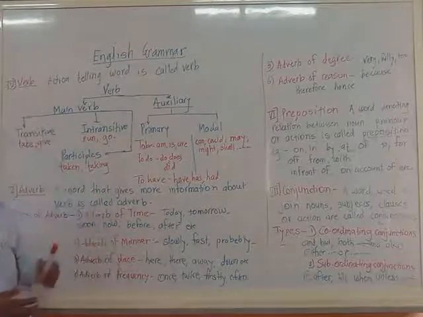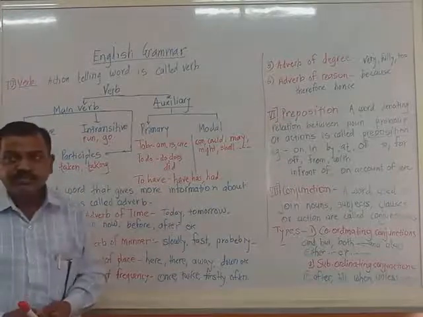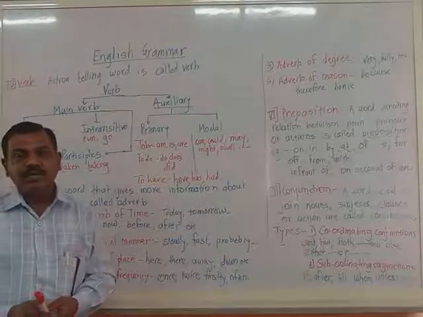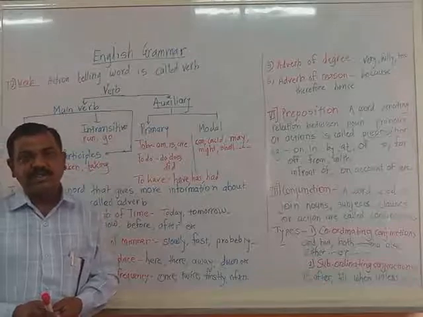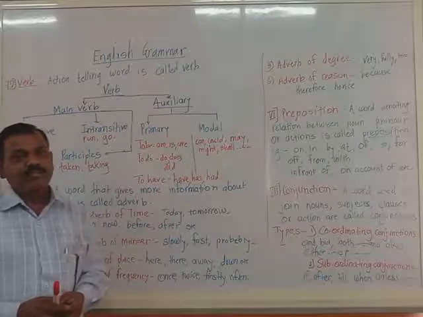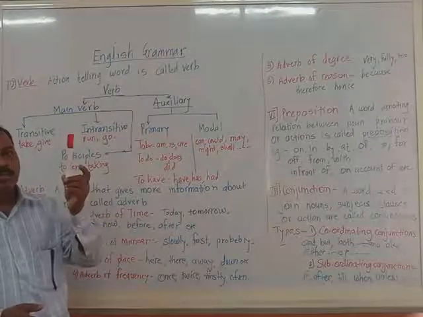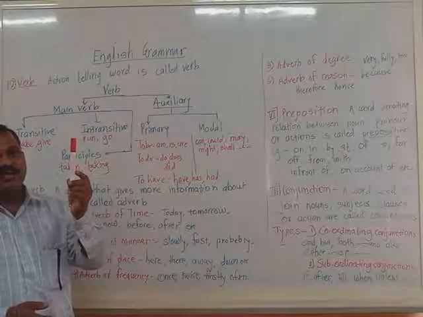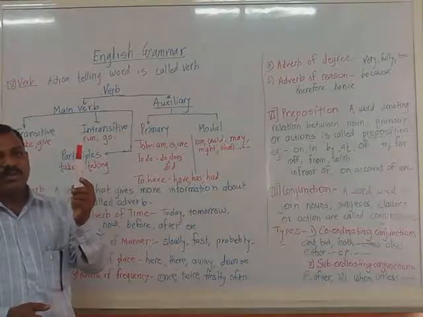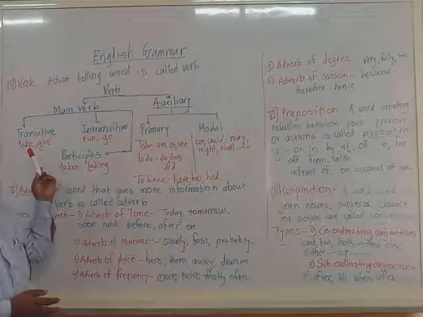Again I shall give you one clue. If you put the question what to the verb, you will get the answer, and this answer is the object. I take. What do I take? A pen. A pen is the answer to the question what. That is why this verb needs an object to complete the meaning.